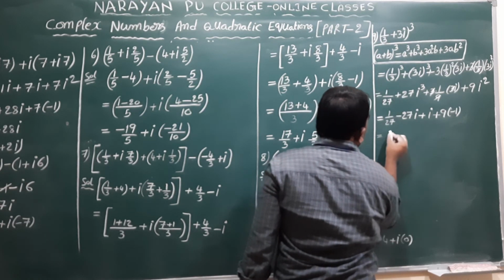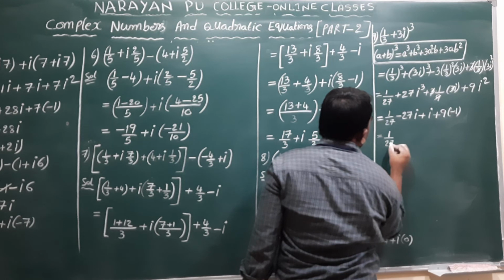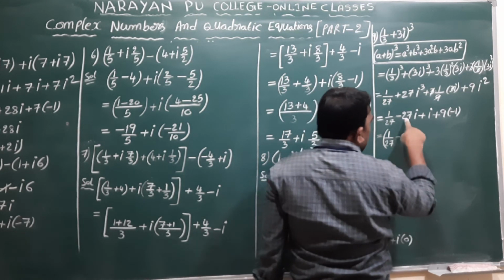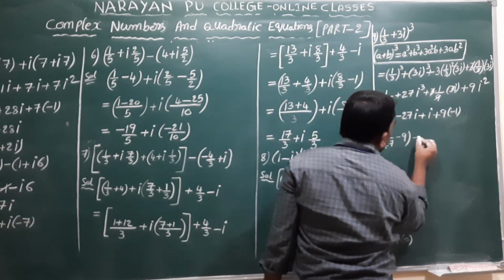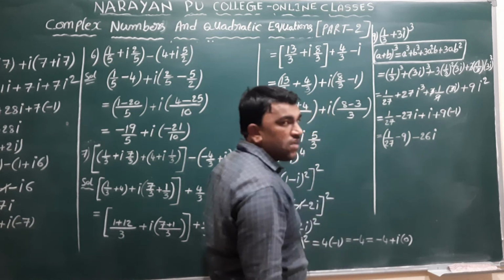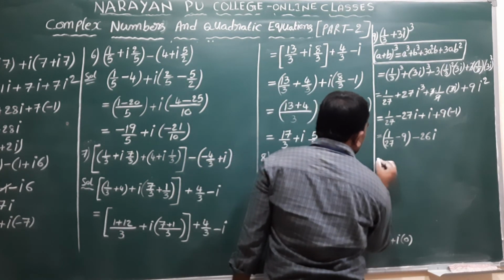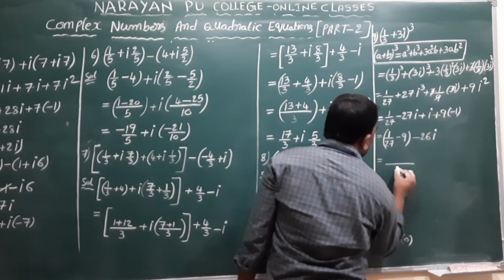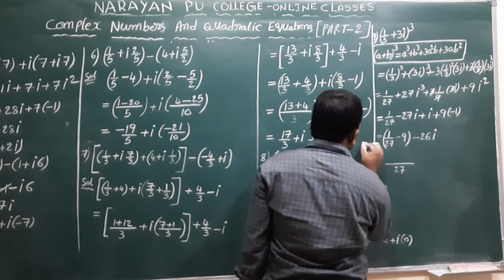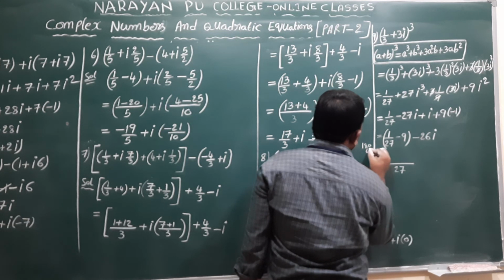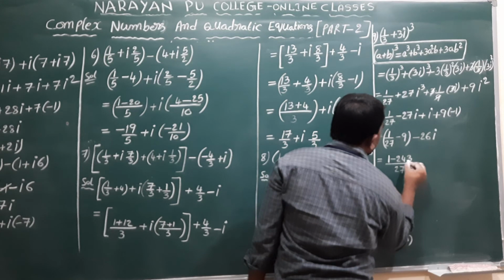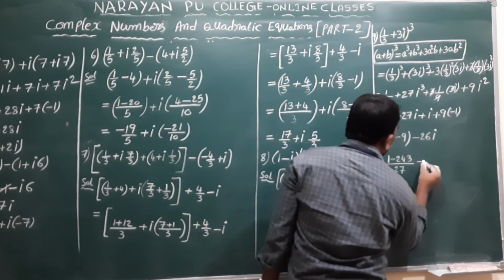So real parts write one side: 1 by 27 minus 9, minus 27 plus i, minus 26i, minus 27i plus i. So for the real parts, 27 is the LCM, 27 into 9 is 243, 1 minus 243, minus 26i.